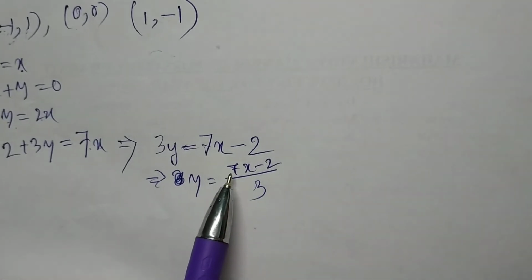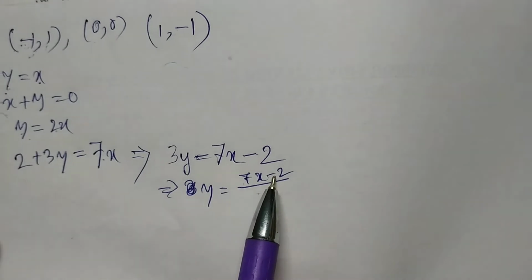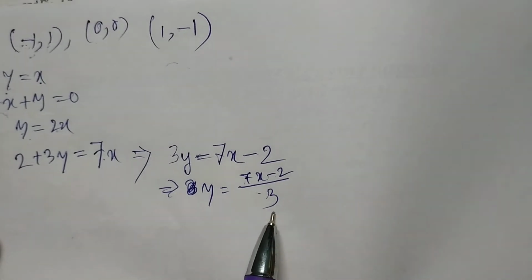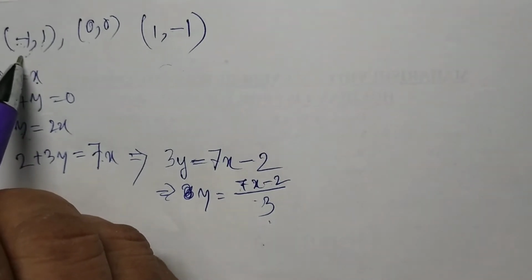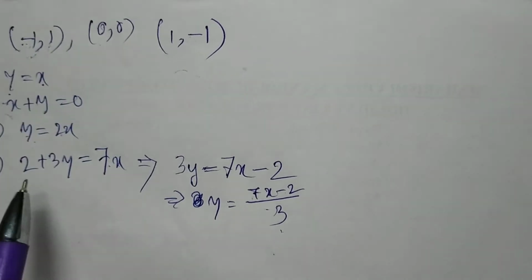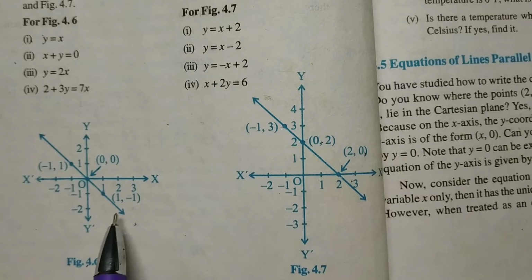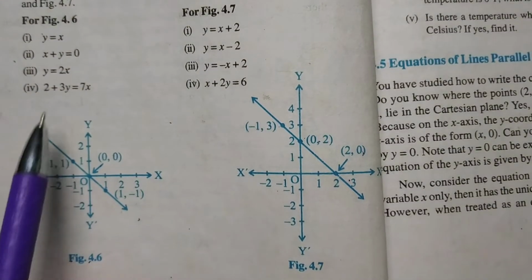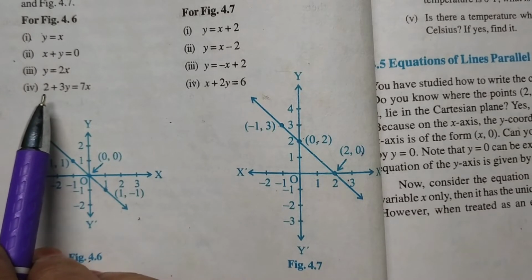Now if we put x equal to -1, then -7 minus 2 is equal to -9. -9 divided by 3 is equal to -3. But here what is given? -1, 1. That means this coordinate does not satisfy this equation, so this graph does not satisfy this equation.